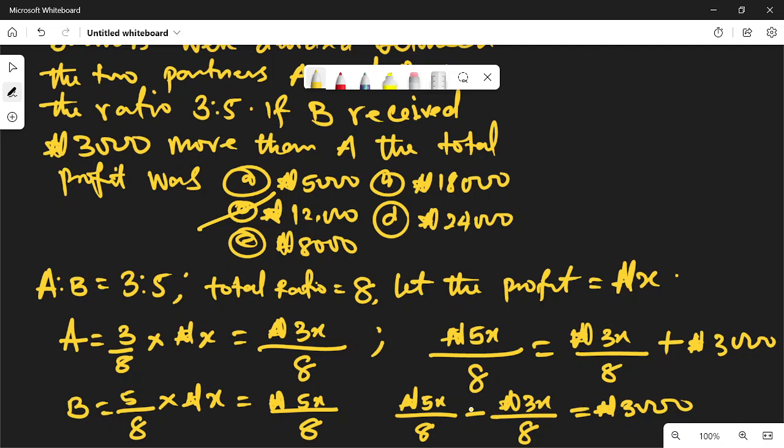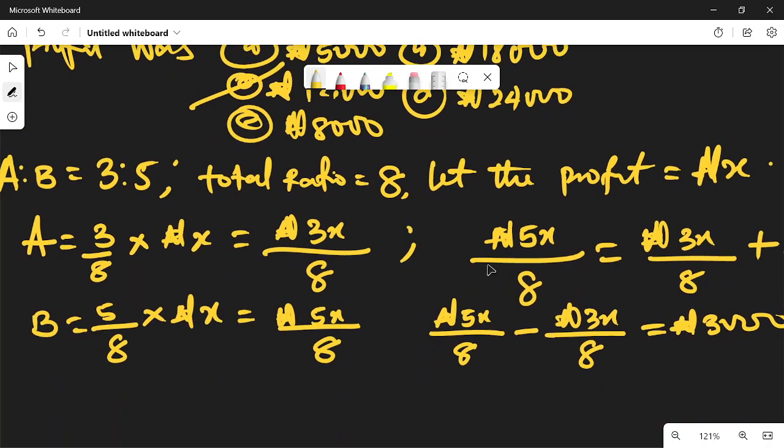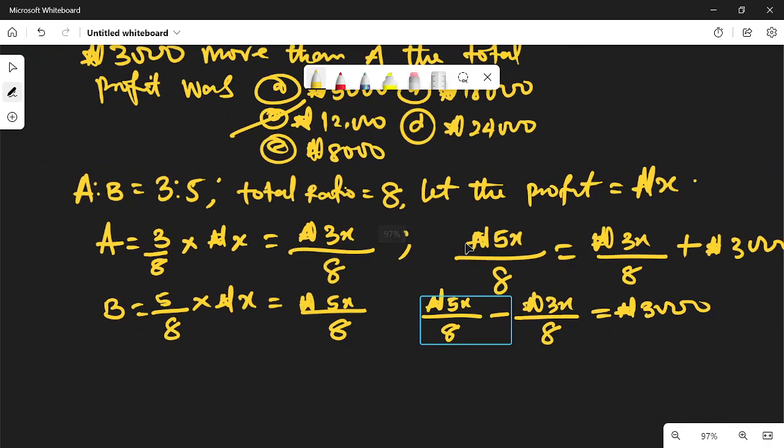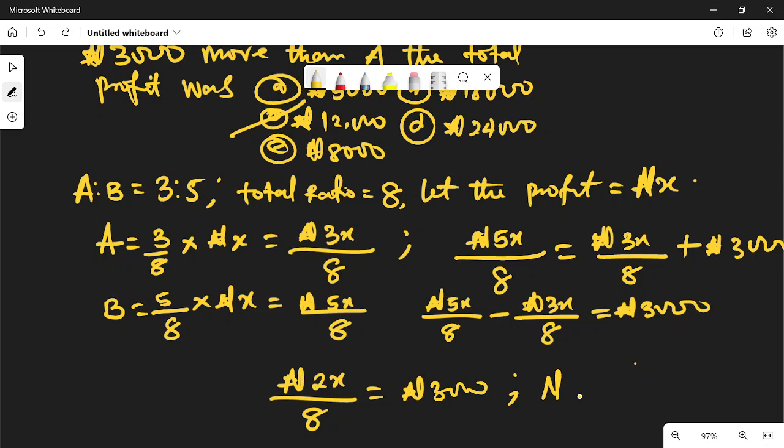So we are looking for the value of x. We have 5x minus 3x, that gives us 2x over 8 equal to 3,000 naira. Cross multiply, you have 2x equal to 3,000 naira multiplied by 8.